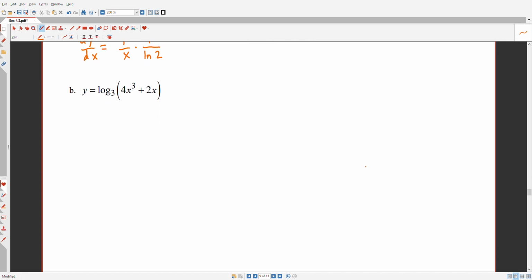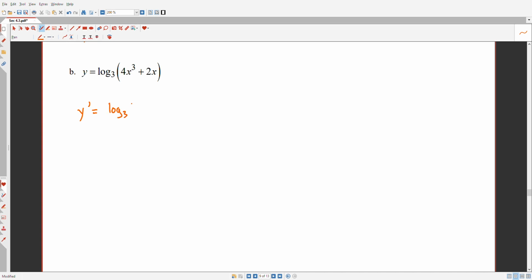Okay, so for part B, we have y is log base 3 of a function. And so y prime is going to be the derivative of all this stuff. We're going to practice this.